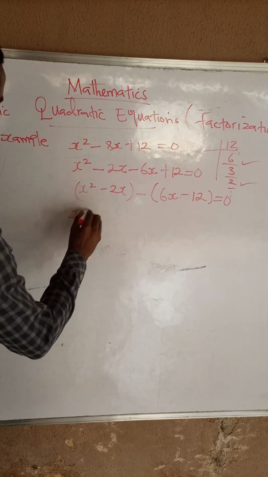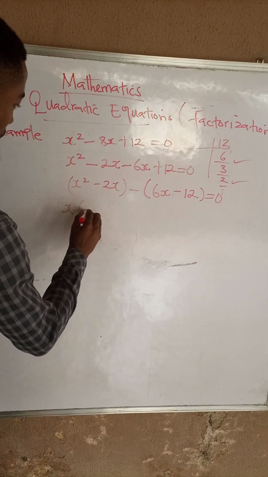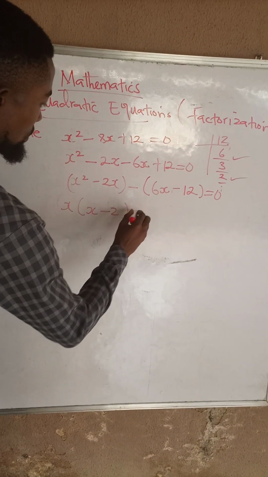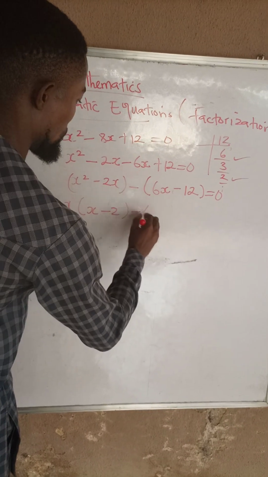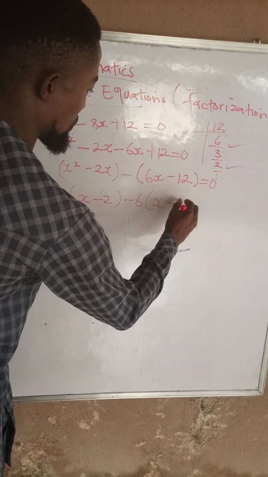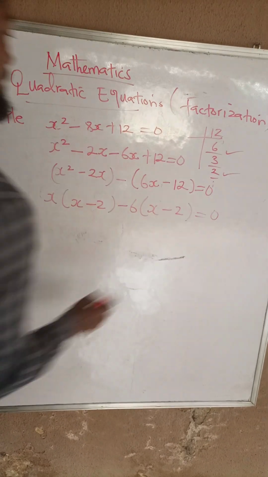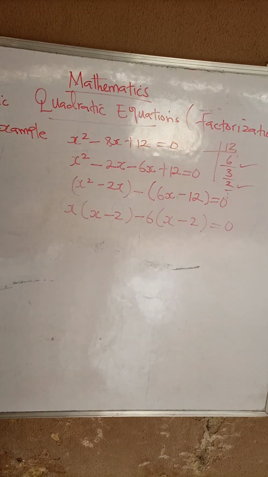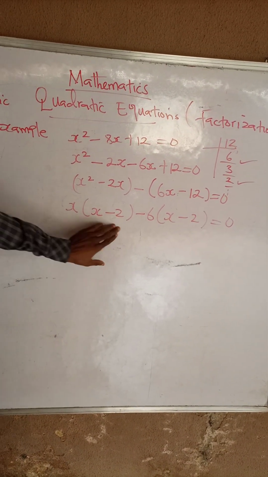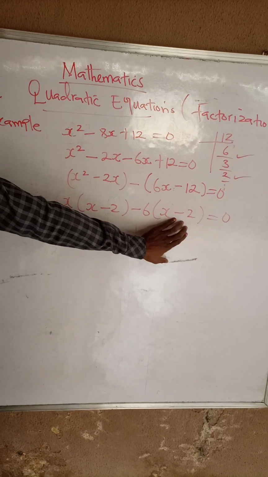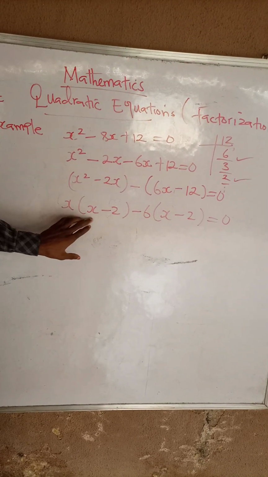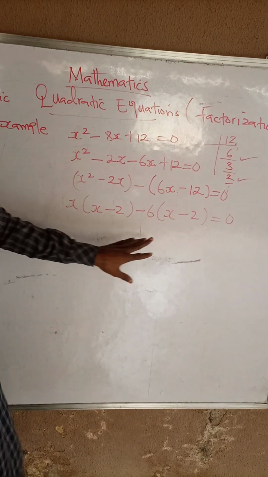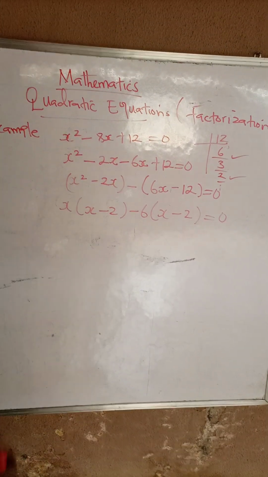Let's factorize. You will agree with me that this side is equal to this side. We have x minus 2 here, and we have x minus 2 here.